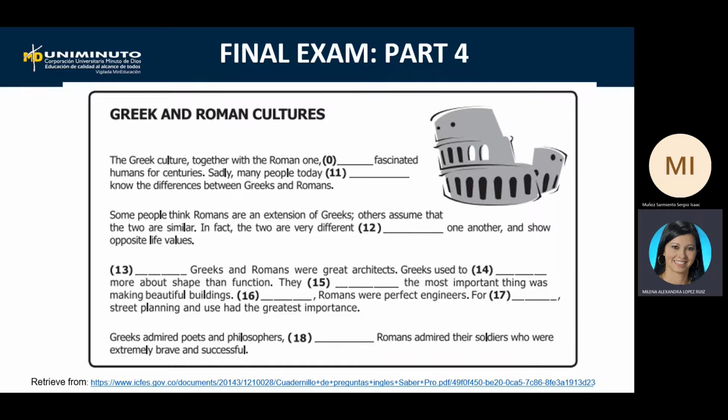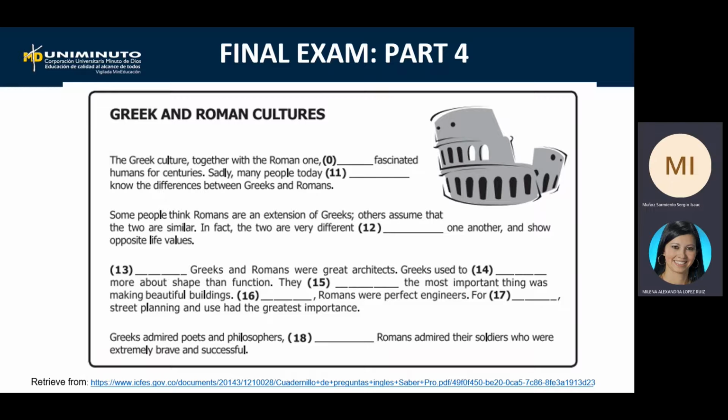Okay, continue. Greeks and Romans were great architects. Good, so it's B. Both Greeks and Romans were great architects. Excellent.